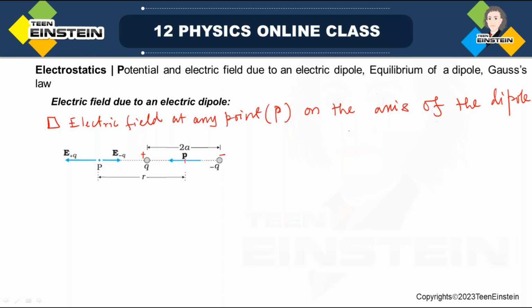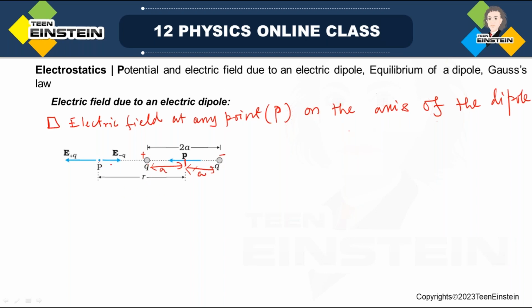So from the midpoint, this distance will be a. Similarly, this distance also will be a. Now let us say this point P is at r distance away from the middle point of this dipole. Then I can find the distance of this point P from the positive charge and negative charge.